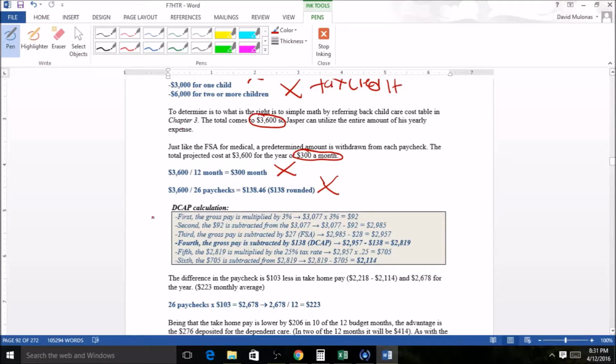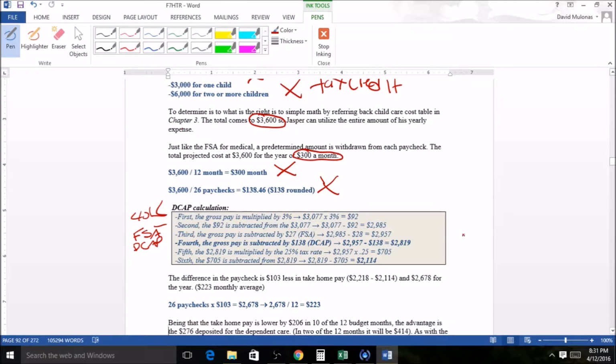And we can see the same things that we have been looking at with the 401k here, taking the tax out, and then we added the FSA in the last chapter into this, and now we need to add the DCAP. So we need to use our $138 number rounded. Again, because that's pre-tax, it's just a simple subtraction.